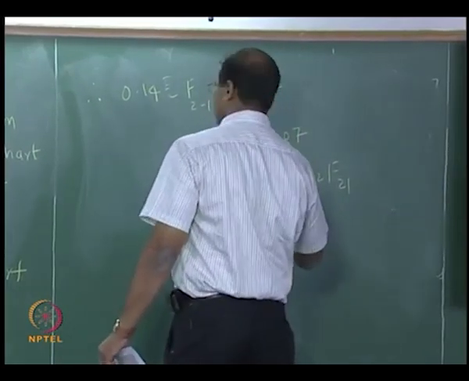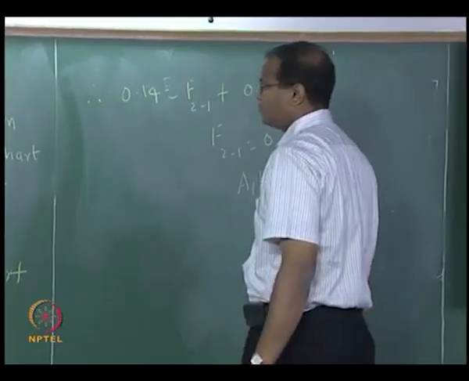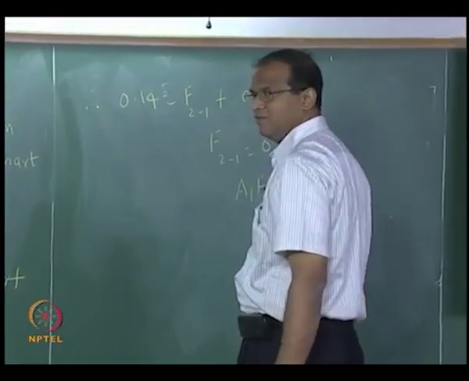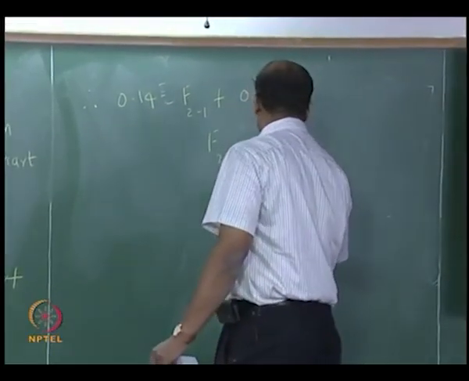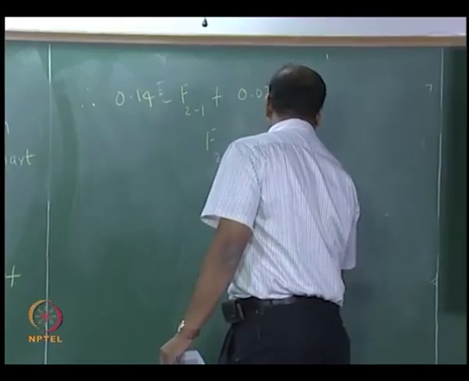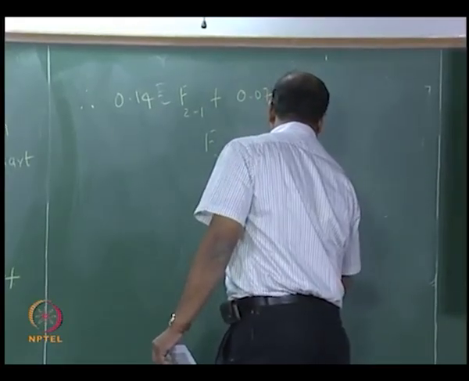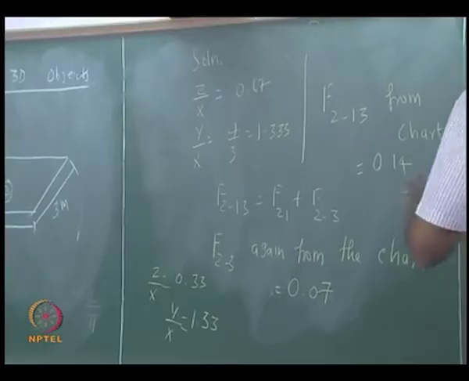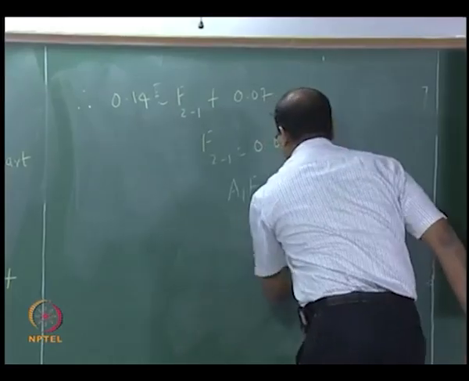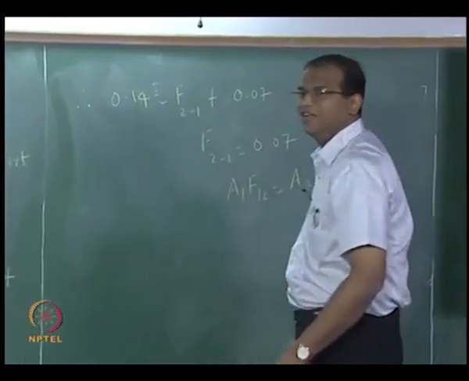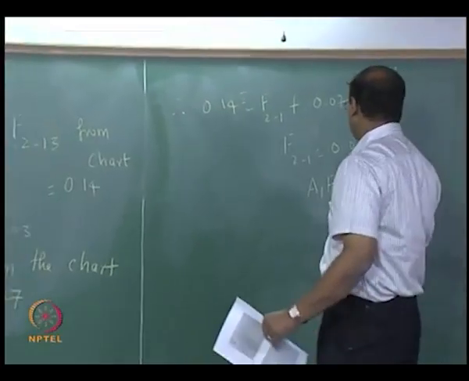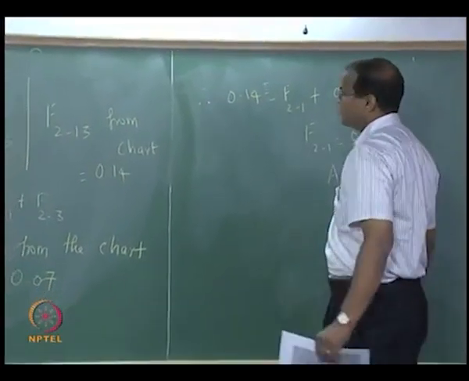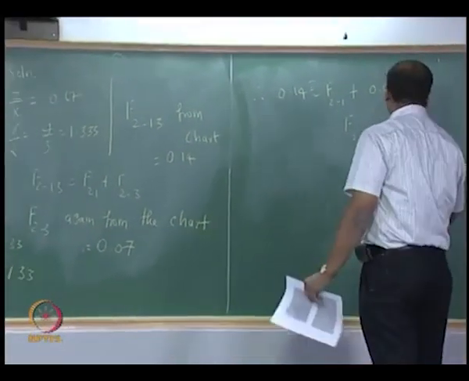What is A2? But they are same, no? Yeah. Oh, I am sorry. So only 1 and 3 are the same. Okay. What is A1? 3 meter square.